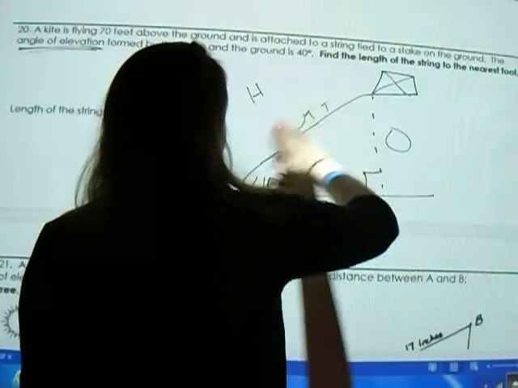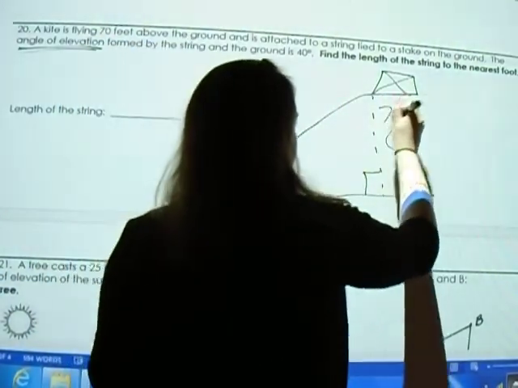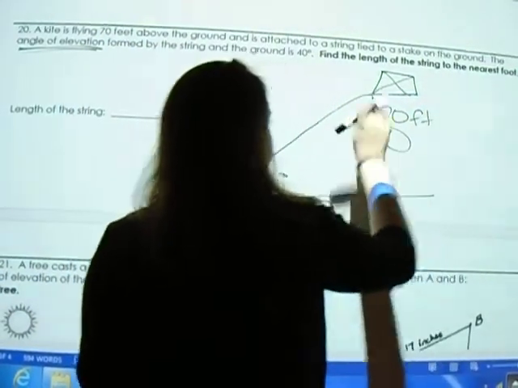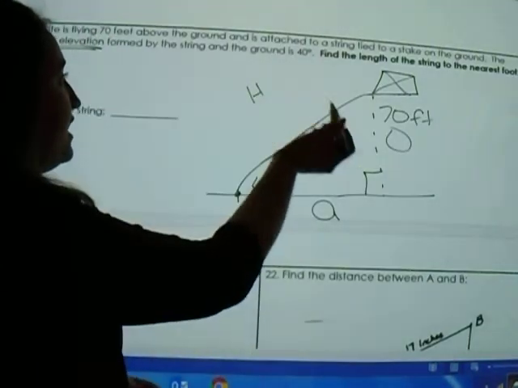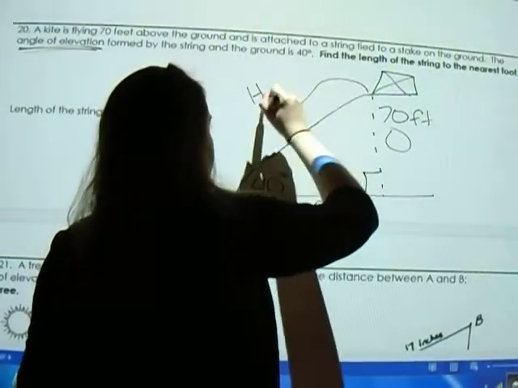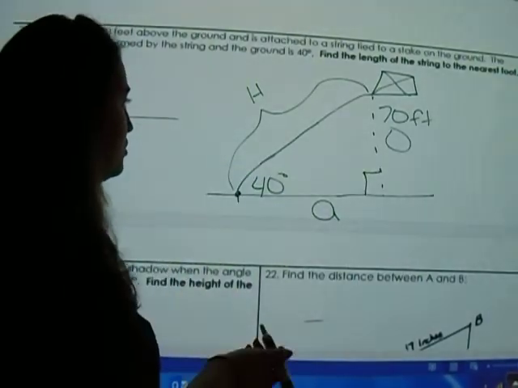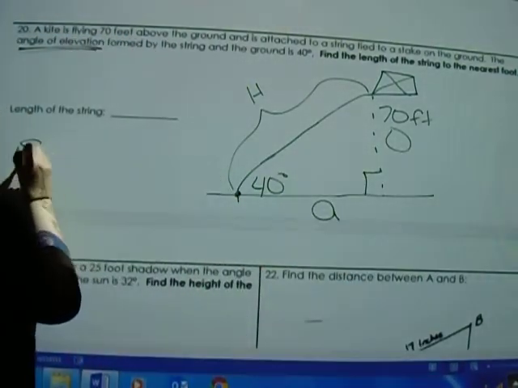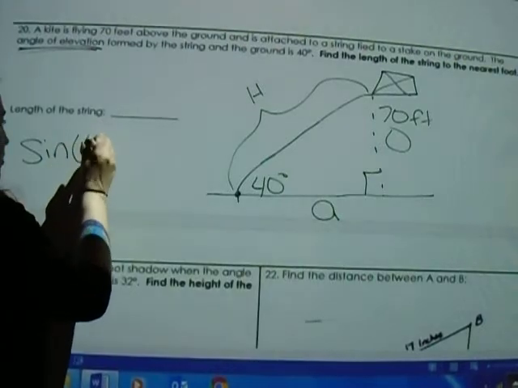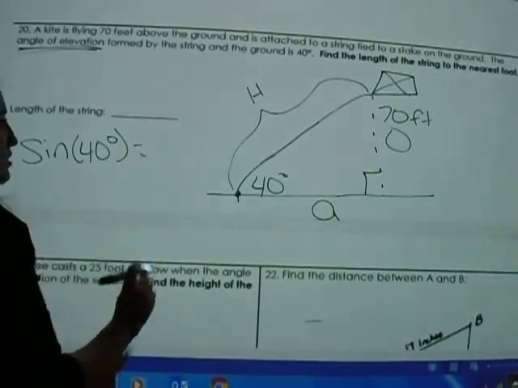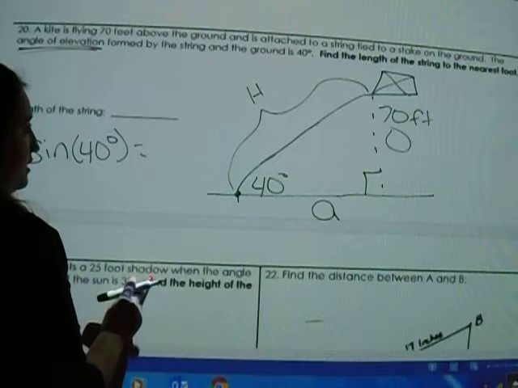It's flying 70 feet above the ground. I'm sorry. This is 70 feet. It's asking us to find the length of the string, which is this. So it's asking us to find the hypotenuse. So we're going to use sine. Sine of 40 degrees equals opposite over hypotenuse.